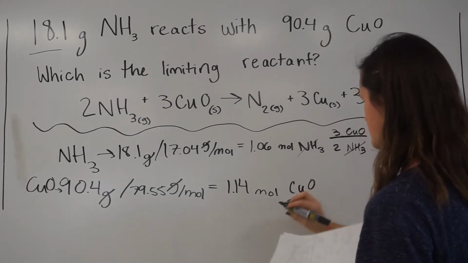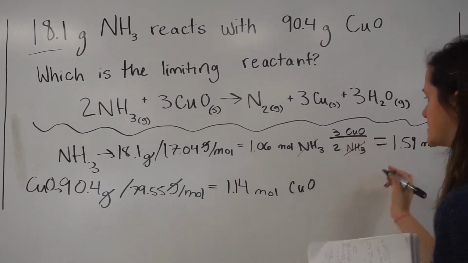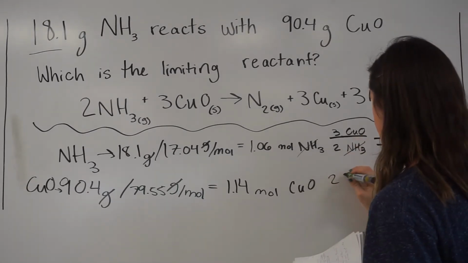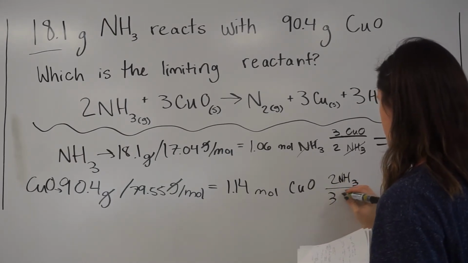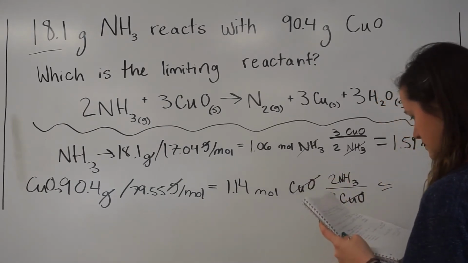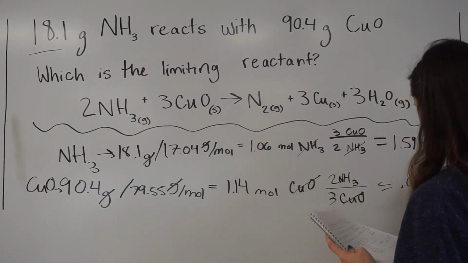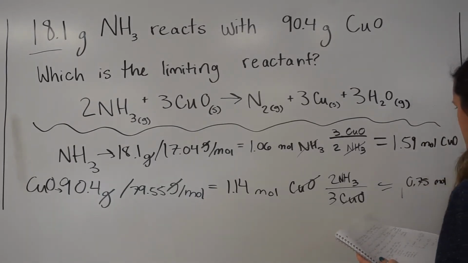And then you're going to do the same with copper oxide, but you're going to switch the equation so that the copper oxides cancel out. So you're going to have 2 NH3 divided by 3 copper oxide, which equals 0.75 moles of NH3.